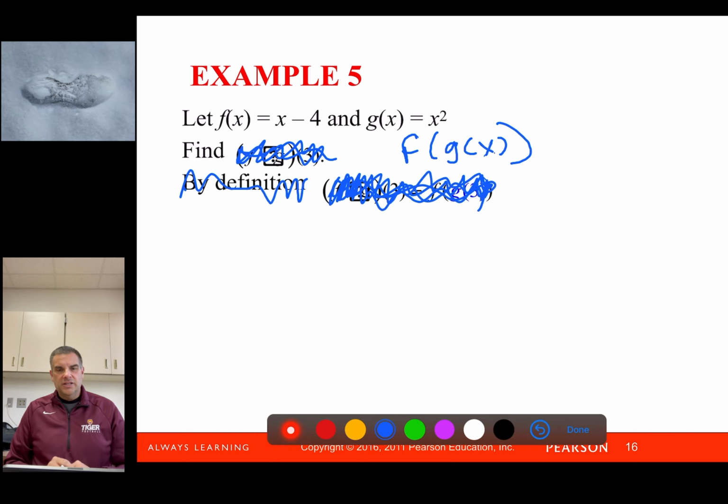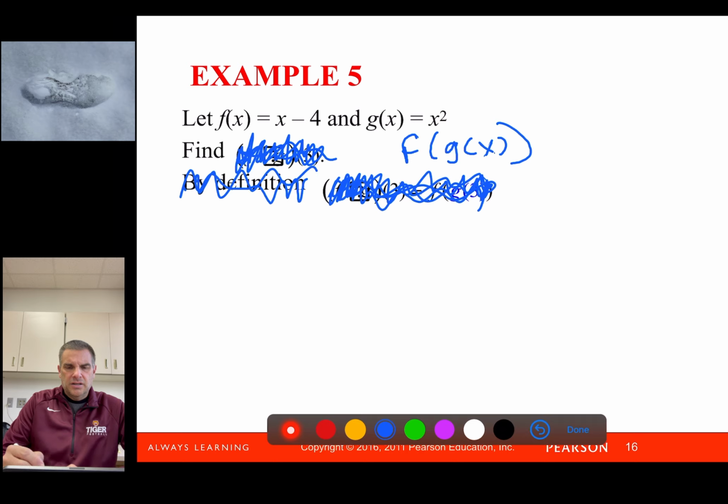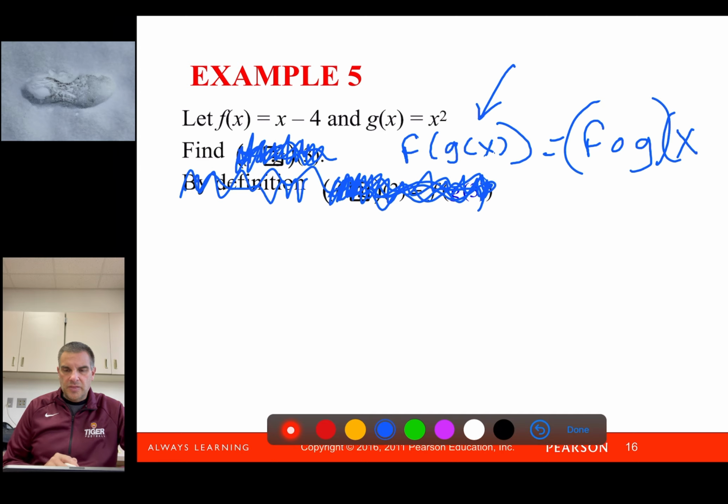So by definition, let's first find f of g of x. What this means is that we know what the g of x function is. And remember, this could be written as f o g of x. These are the same thing, f o g. These two things mean the same thing.